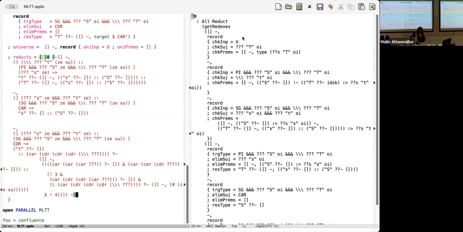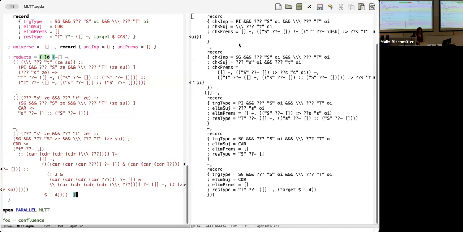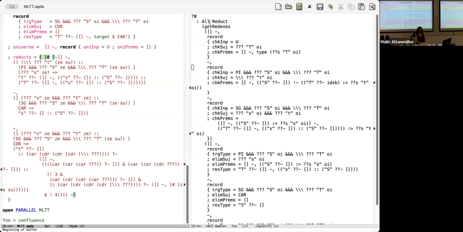So I've got a list of the introduction rules that we had earlier, and a list of the elimination rules, and a function called get redexes, which takes the introduction rules and the elimination rules as lumps of syntax and inspects them to figure out which beta redexes can possibly exist.